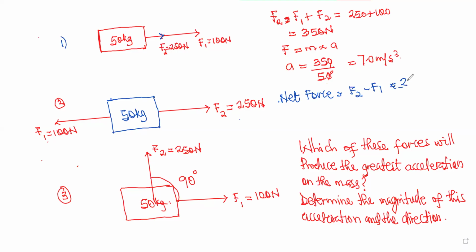So 250 minus 100, giving us 150 Newton. The acceleration produced will be 150 divided by 50, and this would be 3 meters per second squared.